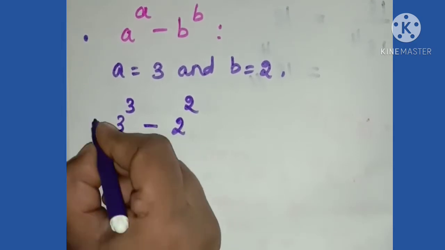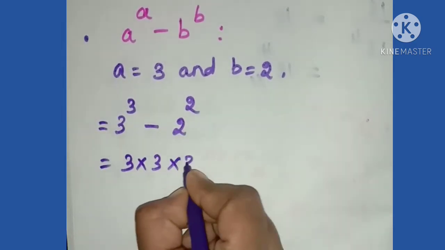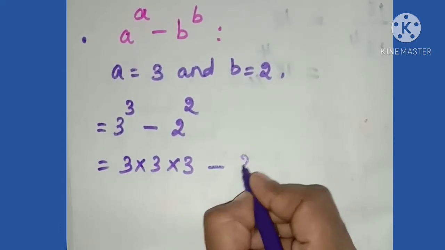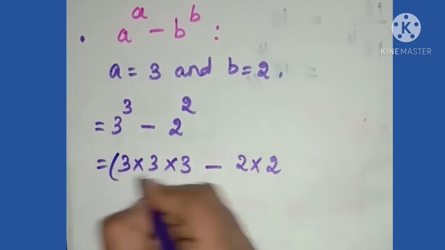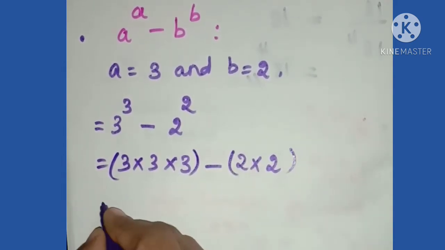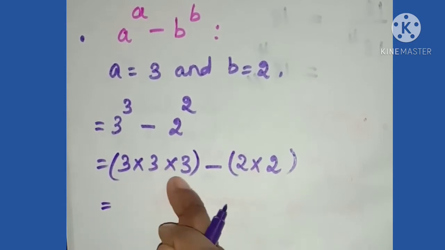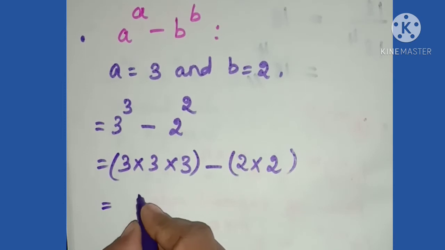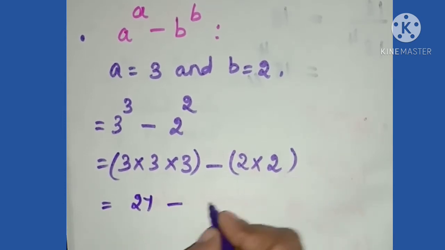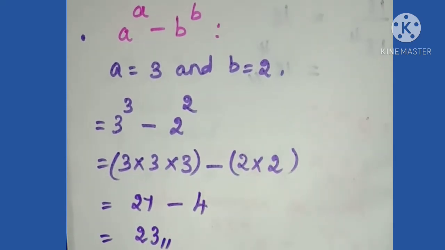So which is equal to 3 power 3, that is 3 multiplied by itself 3 times, minus 2 multiplied by itself 2 times. So put the bracket for our convenience. So do the calculation within the bracket first. So 3 into 3 is 9, 9 into 3 is 27, minus 2 into 2 is 4. 27 minus 4 is 23.